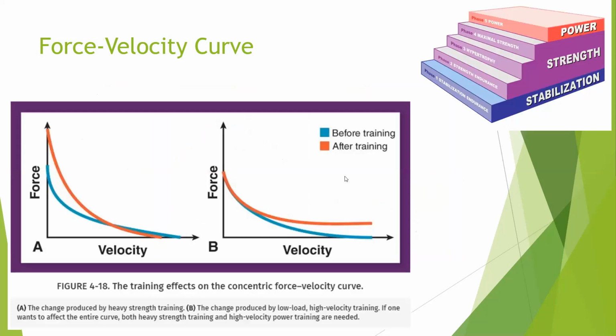Now, if you want to really build the most amount of velocity and the most amount of force that you can produce, you need to be training both for maximum strength and for power training.